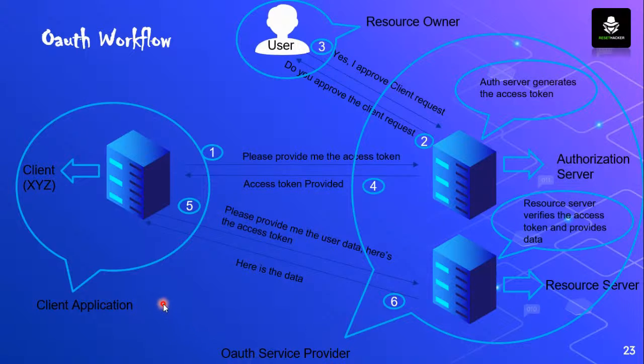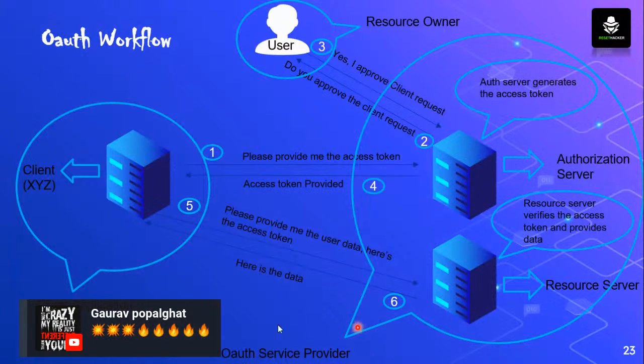The client application is the application which will request the user's account, the user's confidential data like username, password, phone number, email ID, profile pic, or anything, from the OAuth service provider.